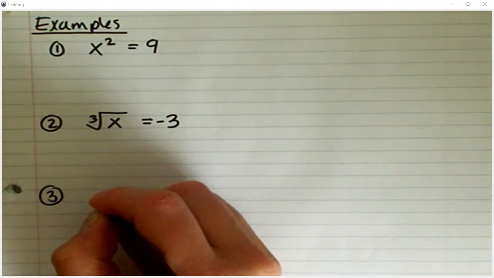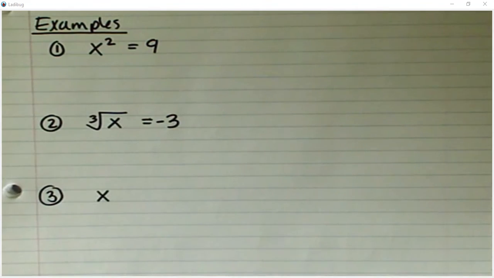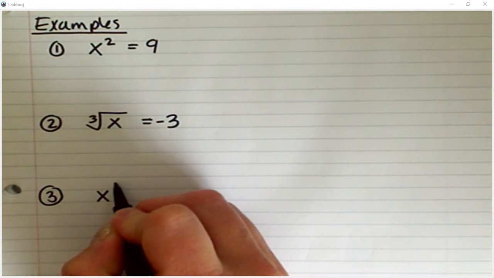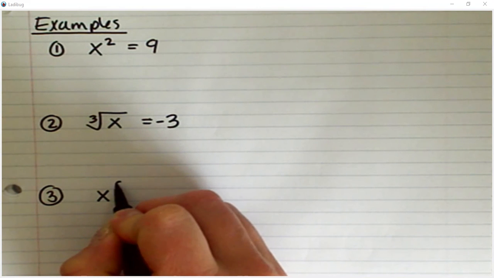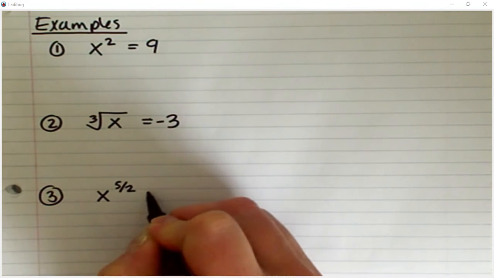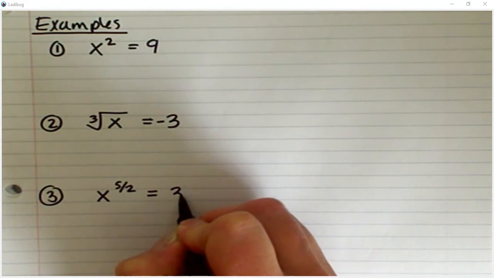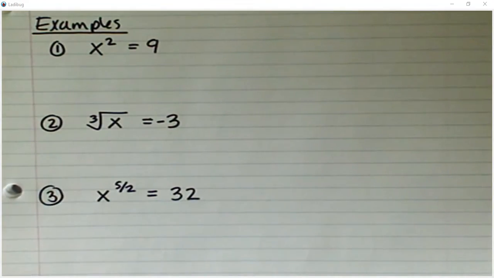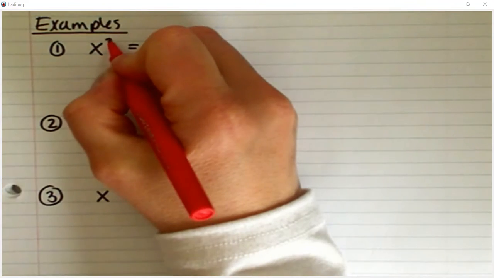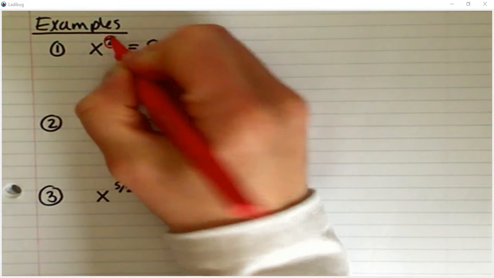And it says, x to the five halves equals 32. Okay, so I'm going to start with my red marker, and all right, so I have a power 2.